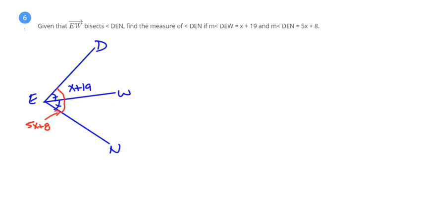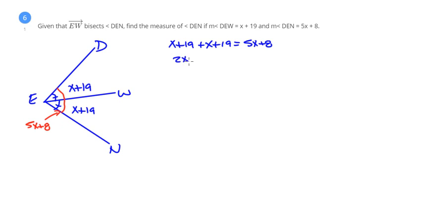So, since we know that this is an angle bisector right here, if this is x plus 19, this is also x plus 19. So what we'll want to do is we know that these two angles have to add up to this angle here. So we say x plus 19 and x plus 19 has to equal 5x plus 8.